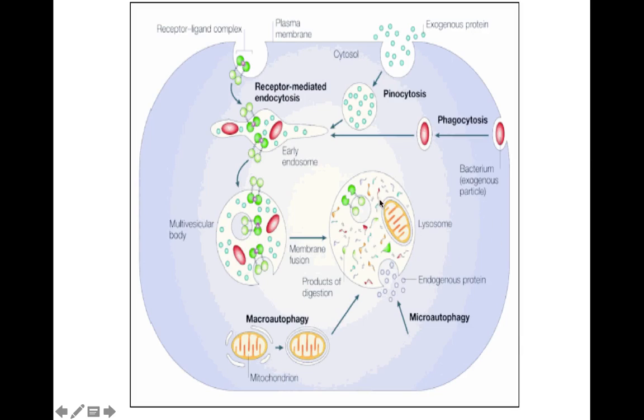Another thing that can happen is that multiple endosomes can fuse together with each other, and they constitute what we call multivesicular bodies. These originate from the fusion of different vesicles, whether phagosomes or endosomes formed by the cell through pinocytosis, receptor-mediated endocytosis, or phagocytosis.